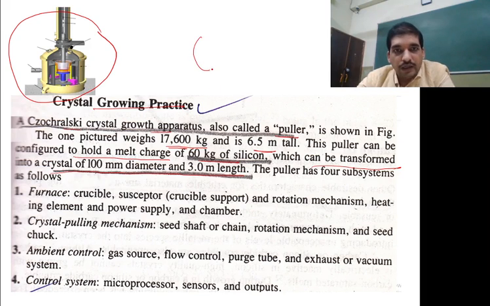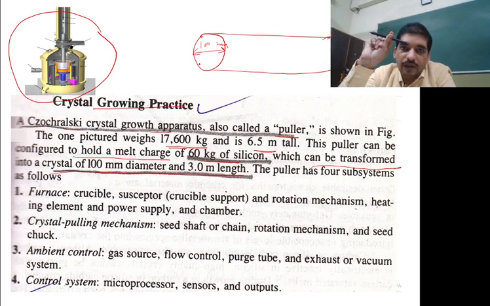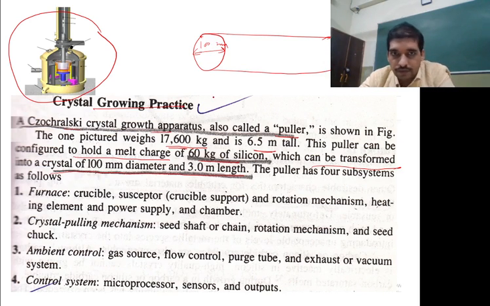So if we are obtaining an ingot of cylindrical shape, as you have seen in the last diagrams, then it has a diameter of 100 millimeter. 100 millimeter is not big, right? Only 10 centimeter, the width of this pen. But the length is 3 meter.